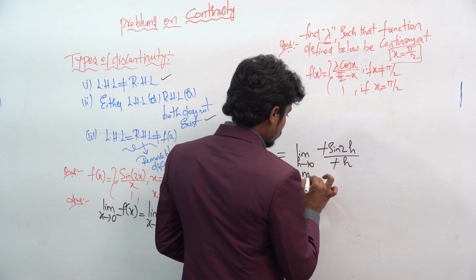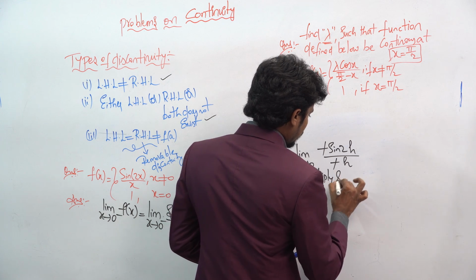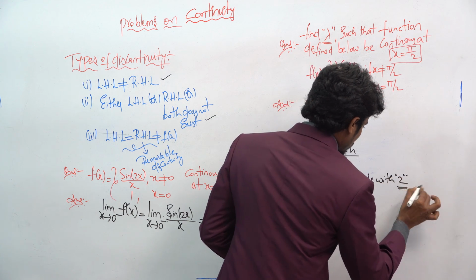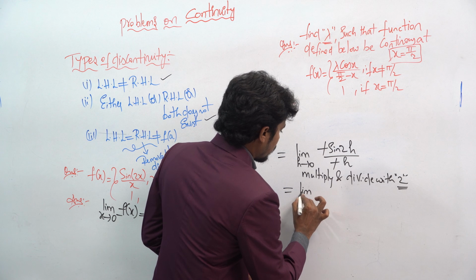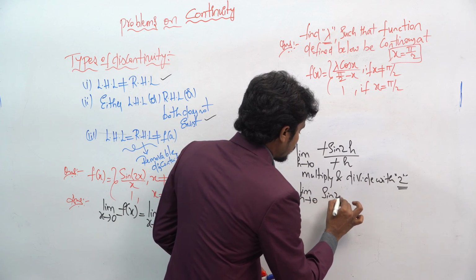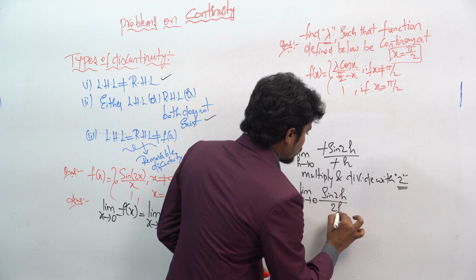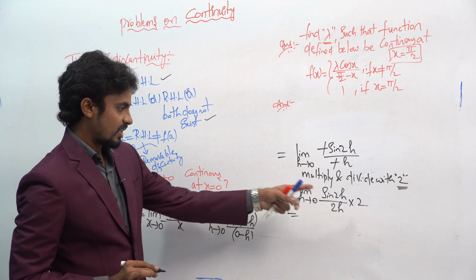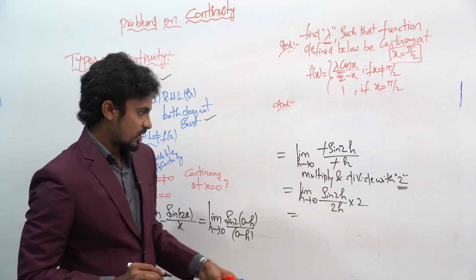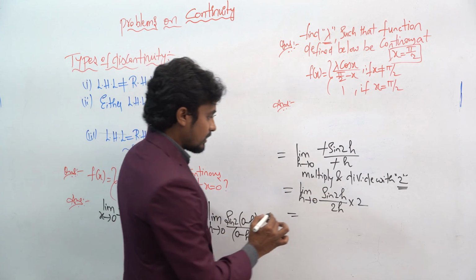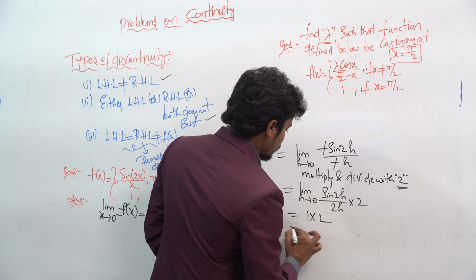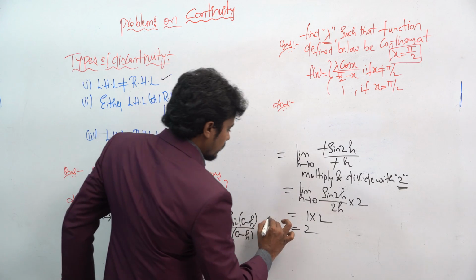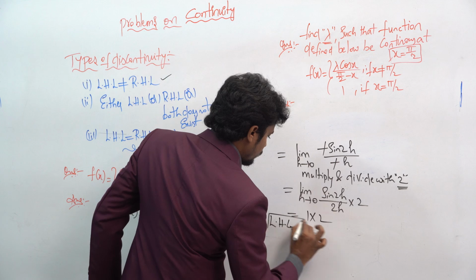Multiply and divide by 2: limit h tends to 0 of sin 2h divided by 2h into 2. Applying h tends to 0, sin 0 over 0 becomes 1, into 2, that is 2. So the left hand limit is 2.